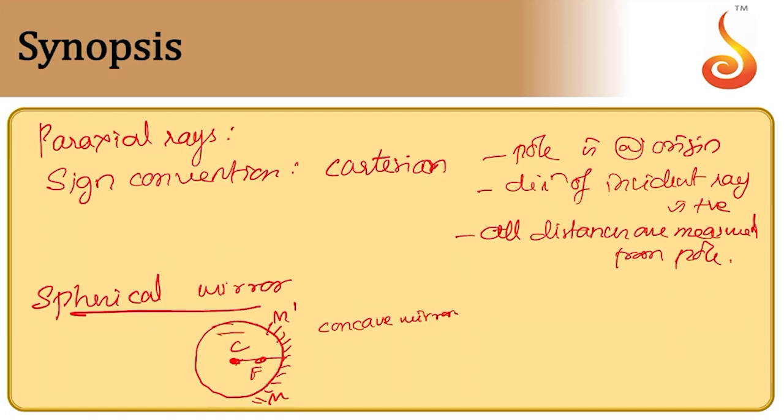Here the ray of light can be shown to be incident like this. Likewise, a convex mirror can be shown like this.